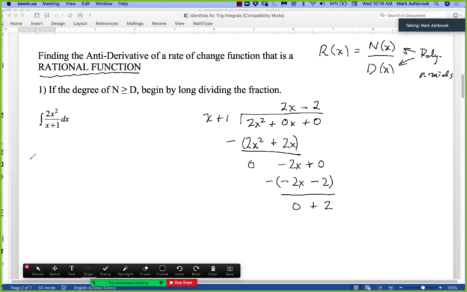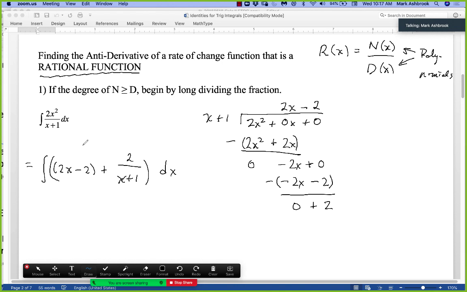And so remember how you can write a fraction as quotient plus remainder over divisor. So this expression is a different way to write this rate function, by writing it as the quotient plus the remainder divided by the divisor.